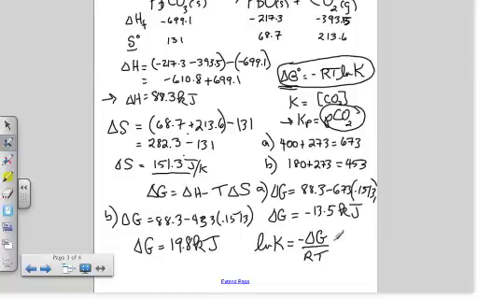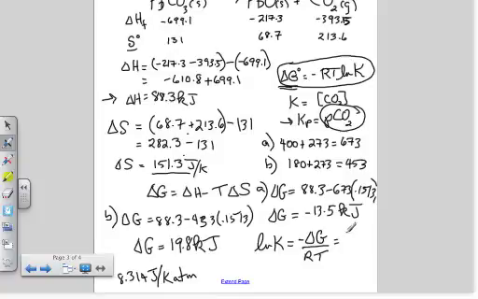So we're going to plug in our value, which is negative 13.5, so that will become positive, and the R we're going to use has to be 8.314, and that's in joules per K atmosphere, and this is how we're going to end up with pressure.